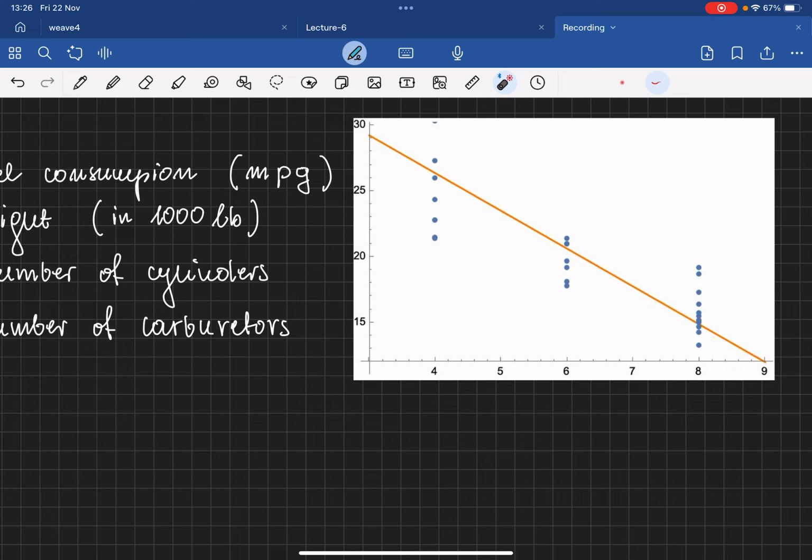There is a negative dependence, so the more cylinders, the fewer miles per gallon we can drive, which, thinking in terms of European descriptions of the problem, means that the bigger the number of cylinders, the more gas is used.